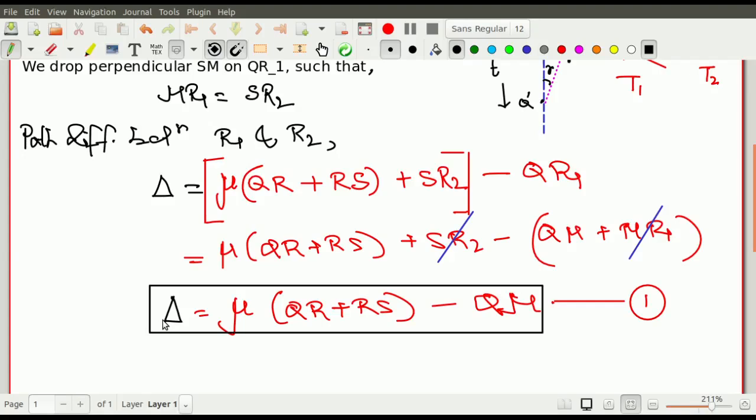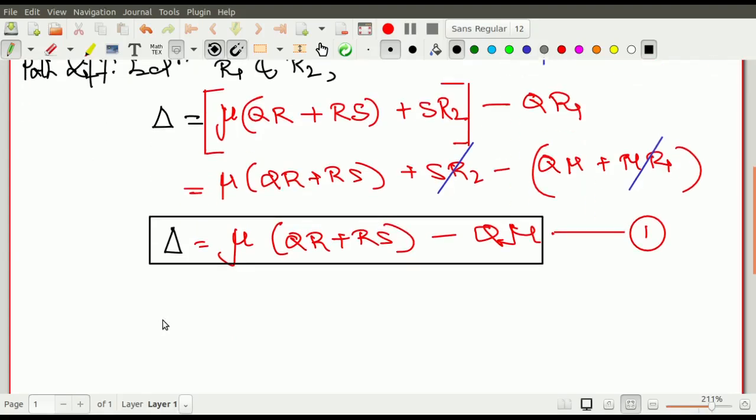You measure the path: if it is x1, multiply with mu1, x2 multiply with mu2, and it continues like that. Now we have to calculate this from geometry. The physics part is over; now it is mathematics and geometry.